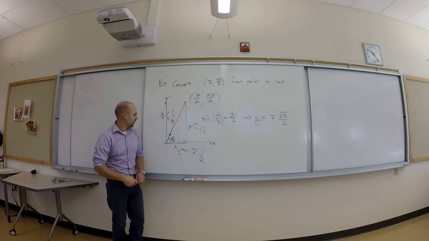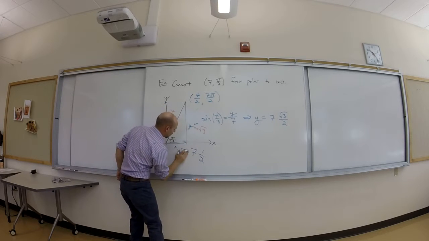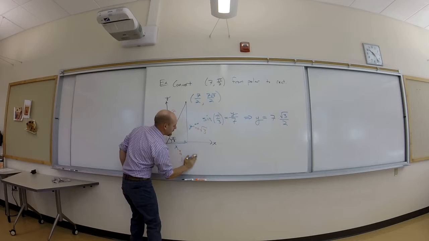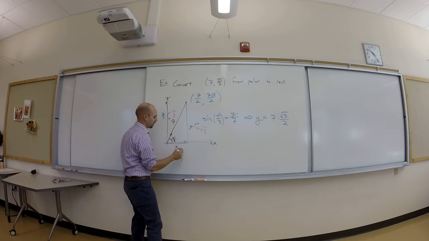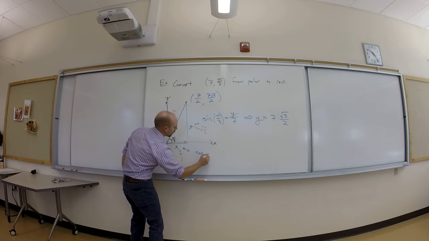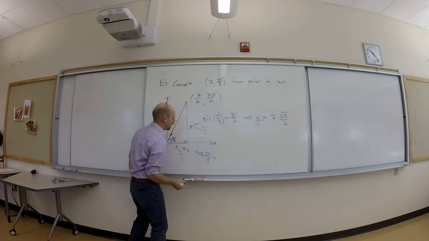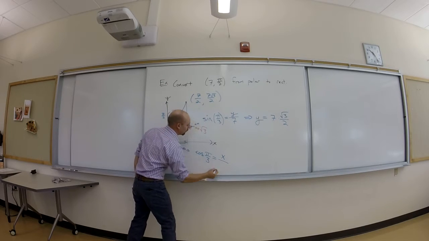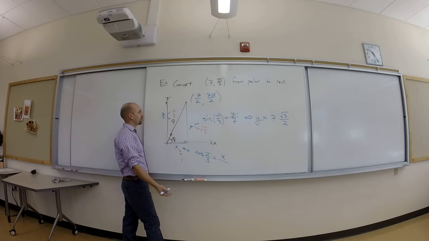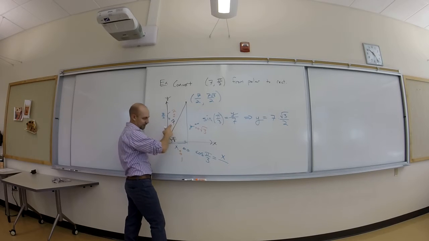Yeah, so talking through the x, I look at x and I think, all right, x here, that's sitting in the adjacent spot, right? So I'm going to think, all right, the cosine of pi over 3 is the adjacent side, x, over the hypotenuse, which is 7.